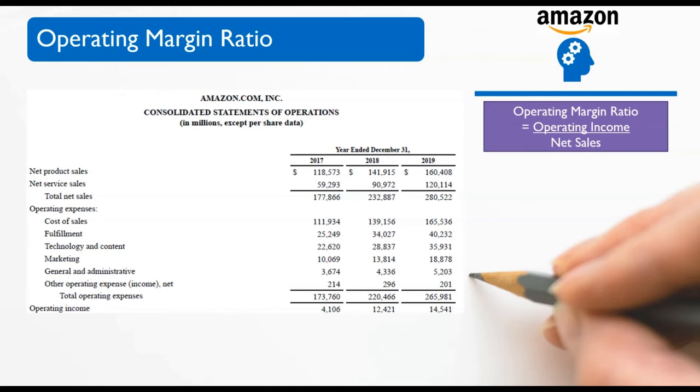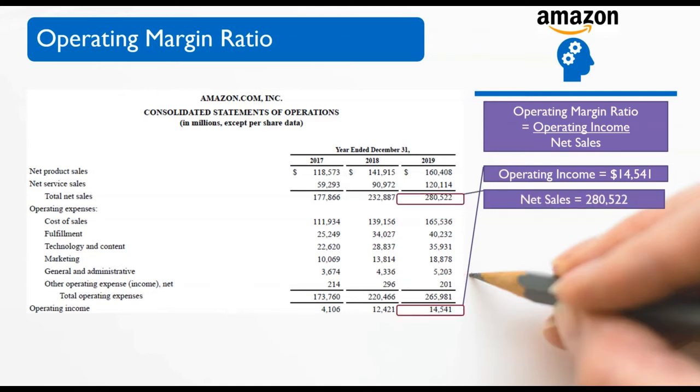So how is this calculated? Well, this ratio is simply calculated by dividing the company's operating income over its net sales. So let's calculate this for Amazon. First, we'll locate its operating income of $14.5 billion, and then its net sales amount of $280.5 billion.